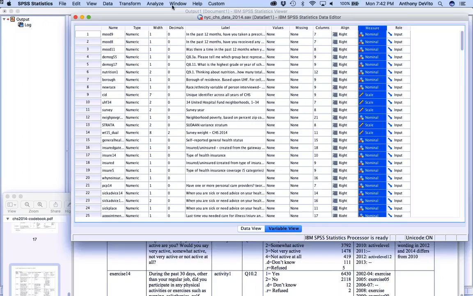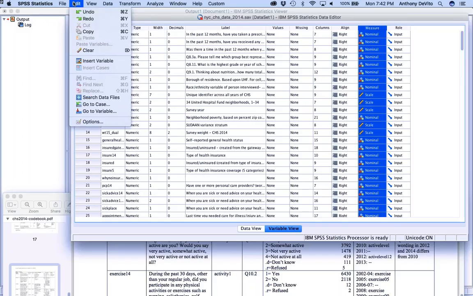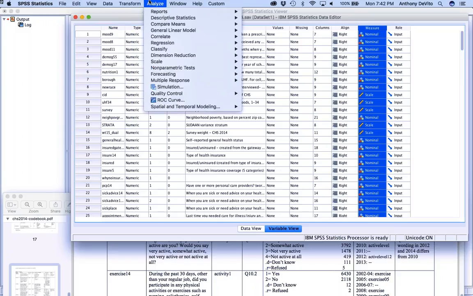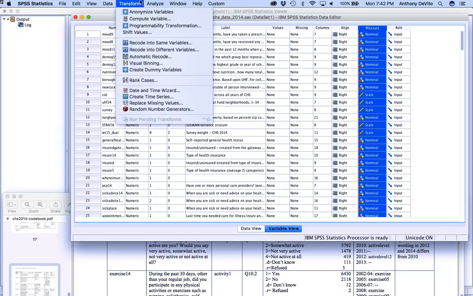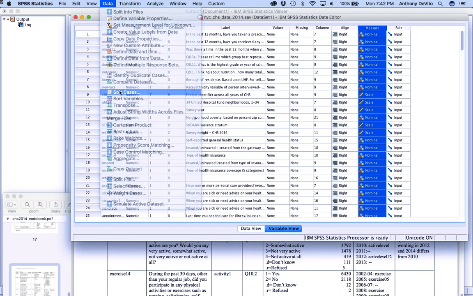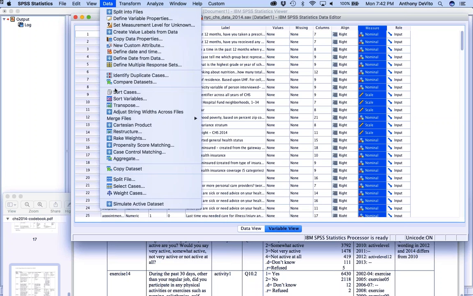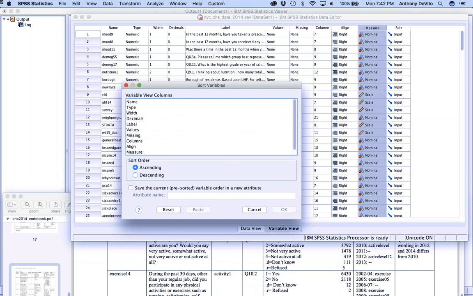Okay, let me see if I can sort this. Edit. Let's see. Where's my sort variable again? Transform. Encode. Data should be in here, I think. There it is. Sort cases. Okay. Oh, no, that's not what I want. Data, sort variables.